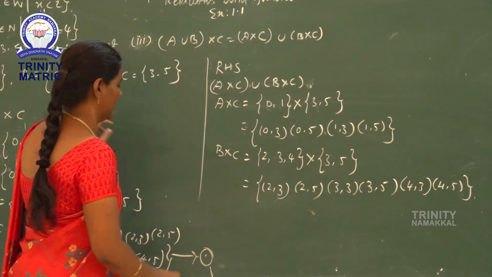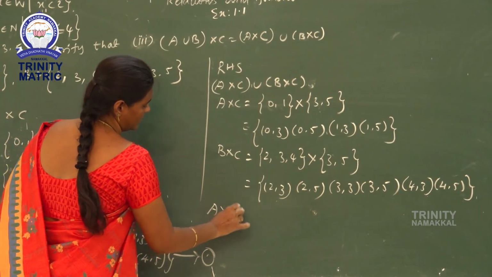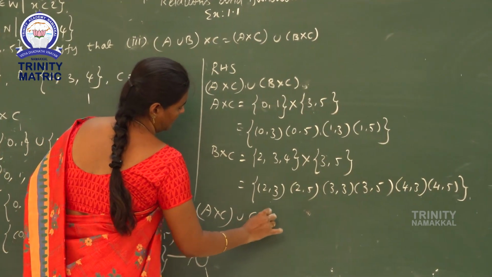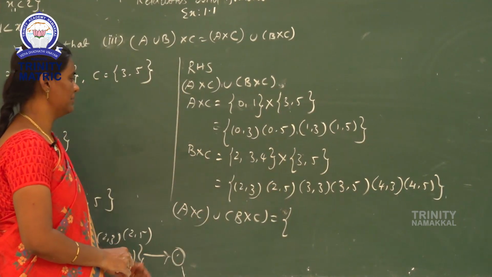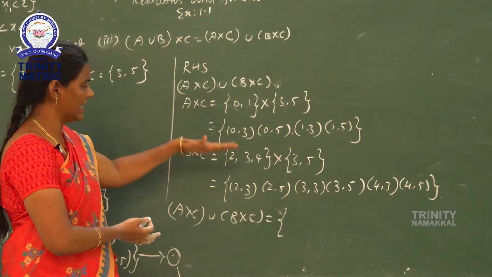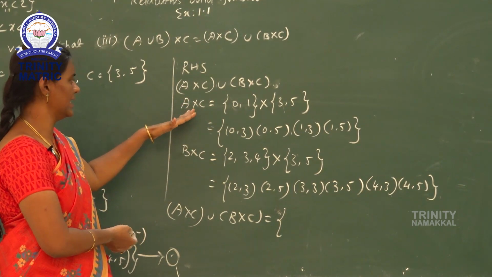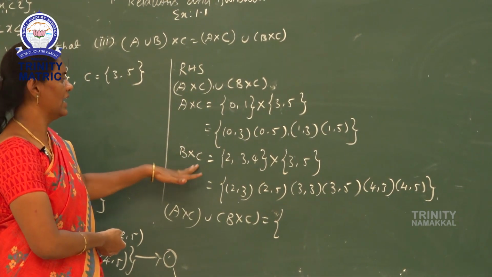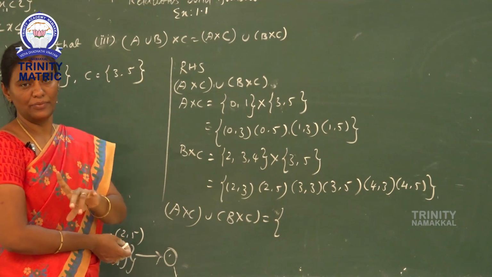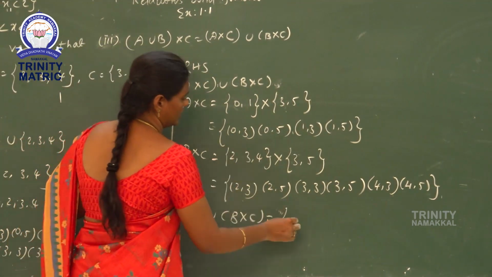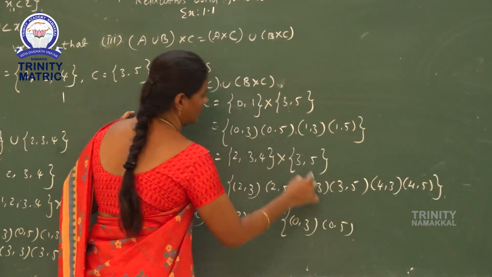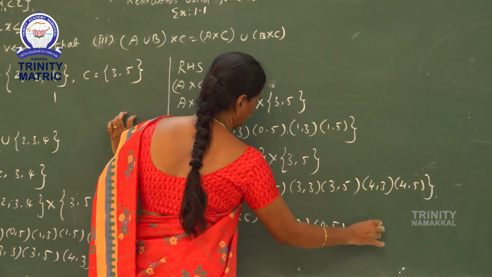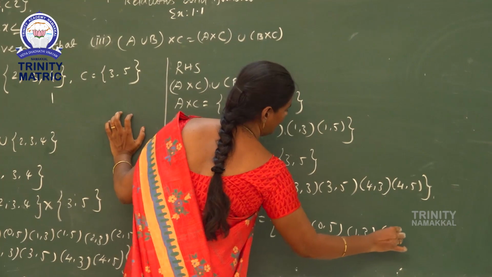Now we take the union of A cross C and B cross C. Union means we write the elements in both the sets A cross C and B cross C. If any element is repeated, we write it only one time. Here (0,3), (0,5), (1,3), (1,5).